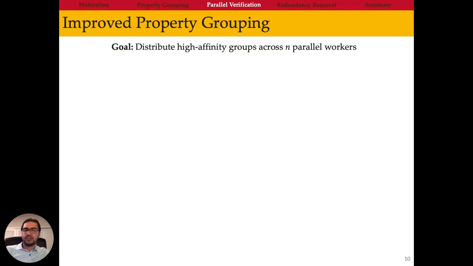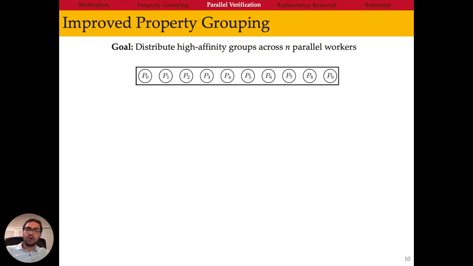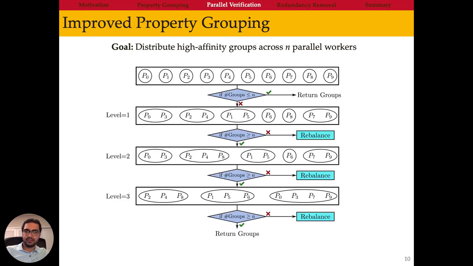This gives us an opportunity to further optimize the property grouping algorithm to ensure all the compute nodes in a parallel verification environment are fully utilized. Starting with all properties in singleton groups, we first check if the number of singleton groups is fewer than the number of available parallel workers. If that is the case, then we can just return all the singleton groups without performing any grouping.